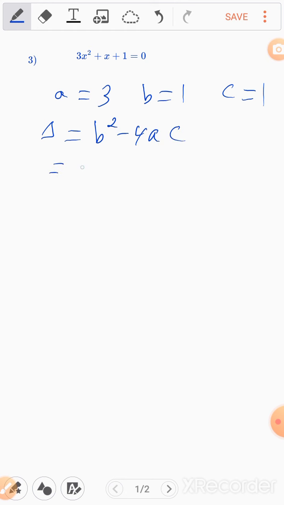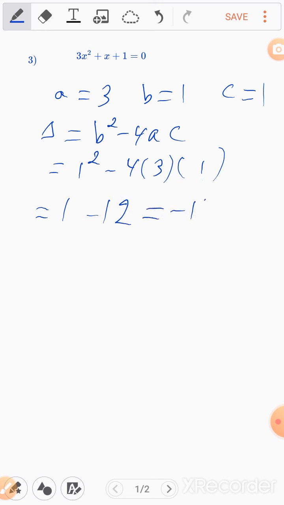It is equal to 1 squared minus 4 times a, which is 3, times c, which is 1. It is equal to 1 minus 12, so it is equal to minus 11. This delta is negative. Clear, it is negative.